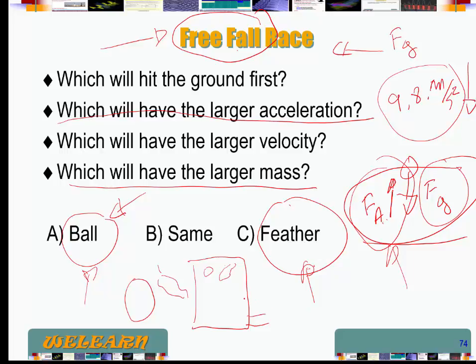We can remove the air from it and let them both fall, and you'll see that they'll fall at the same rate. So they'll have the same acceleration, the same velocity, and they will hit the ground at the same time.